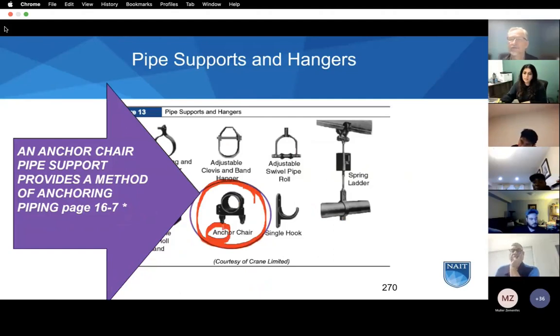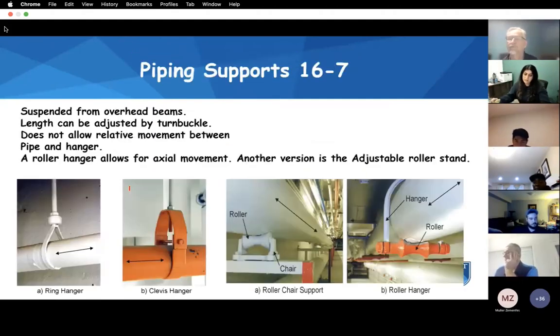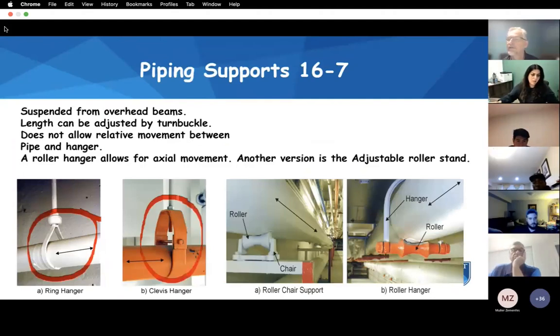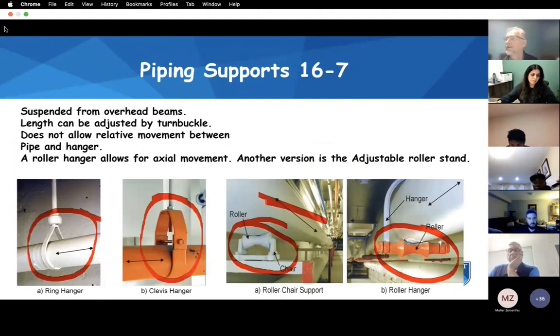Keyword anchor: hold it still, hold it down. A couple of different kinds here: the ring hanger, the clevis hanger, the roller chair, and the roller hanger. You can see there's something round that allows this piping to expand and move back and forth. Okay.